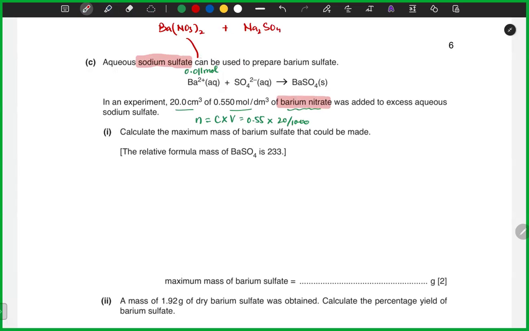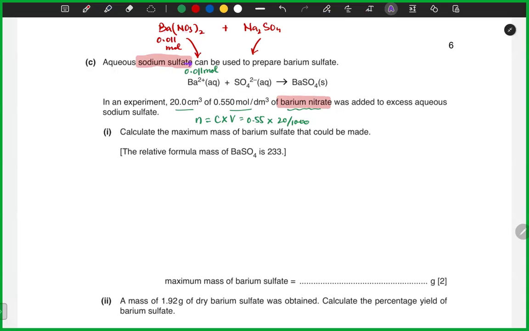So the barium ions are coming from barium nitrate, and the sulfate ions are coming from sodium sulfate. And so the moles that I found out was of barium nitrate, 0.011 moles, right?